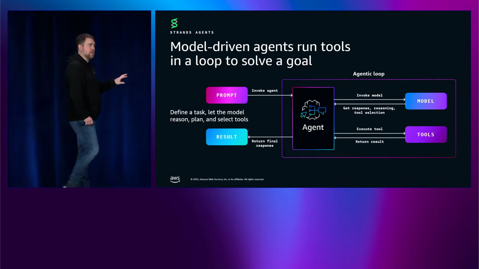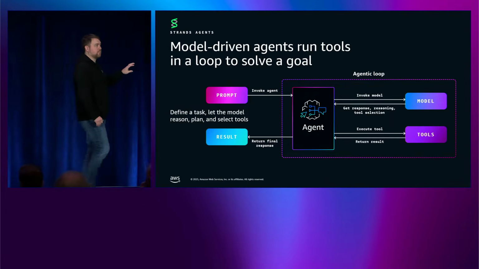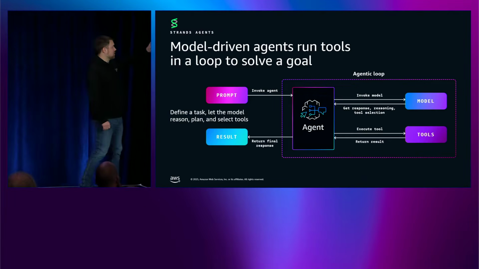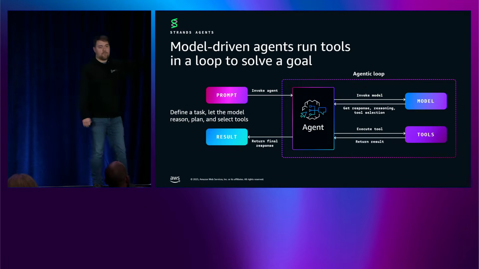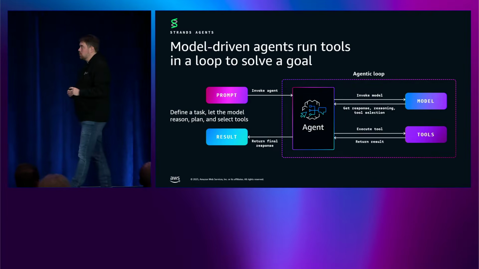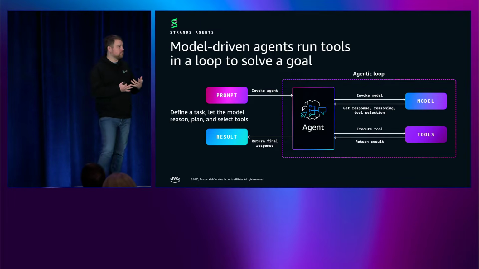And the design ethos behind Strands that I'll talk through as we go is all about enabling that loop. So you can think about Strands as governing that agentic loop up top, where the input that you give that loop is the prompt, and that's both system prompt and, of course, what your users are prompting your application with. And what you're getting back is the end result.